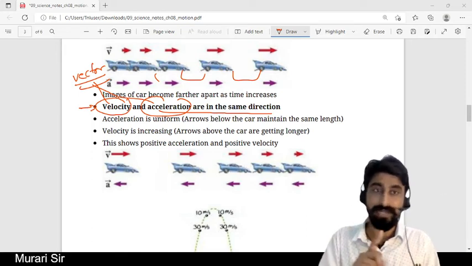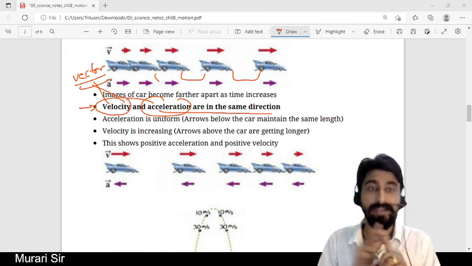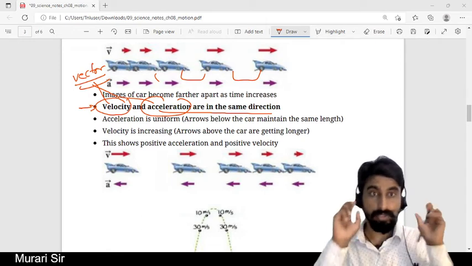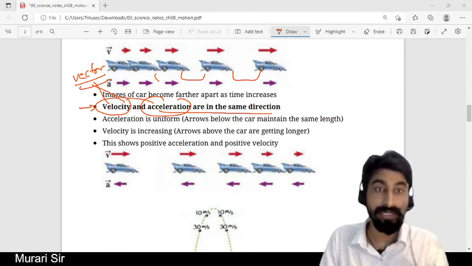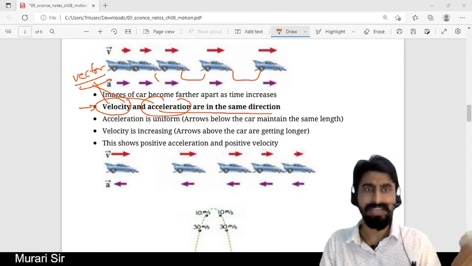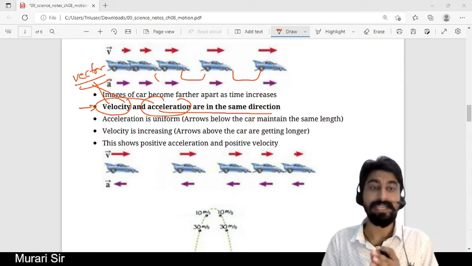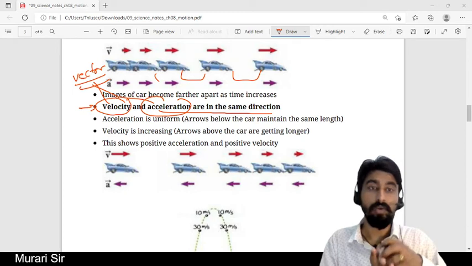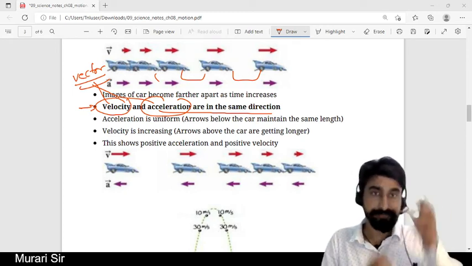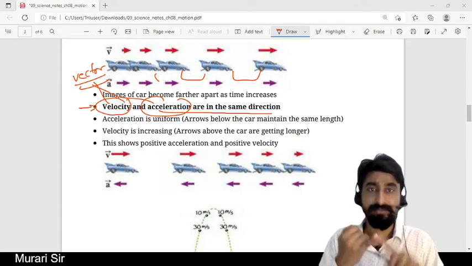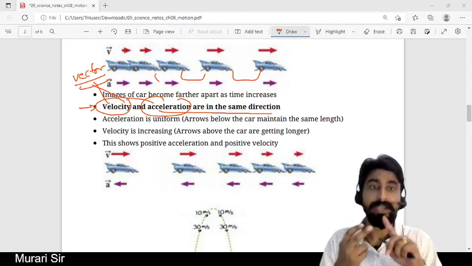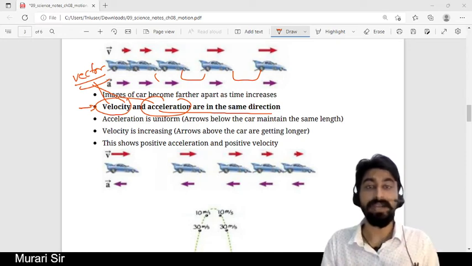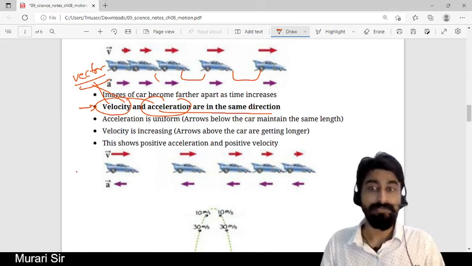But on the contrary, the second part is vector quantity. You have to be very conscious right now because it has a broader meaning than just magnitude and direction. Later on in the 11th class or in higher grades, you will understand that it has to follow vector laws of addition as well. That means a vector quantity must have magnitude, direction, and it must follow vector laws of addition. Why am I saying this?